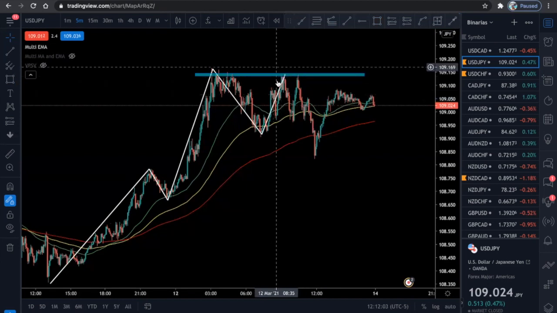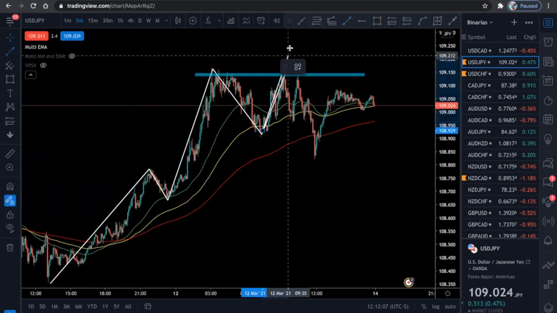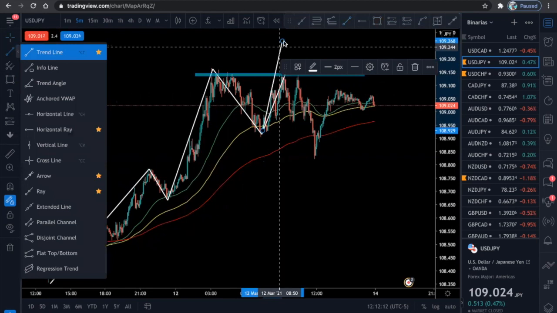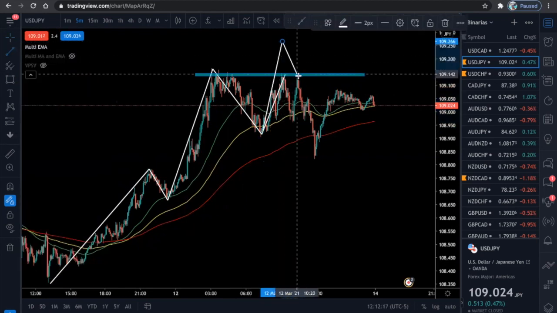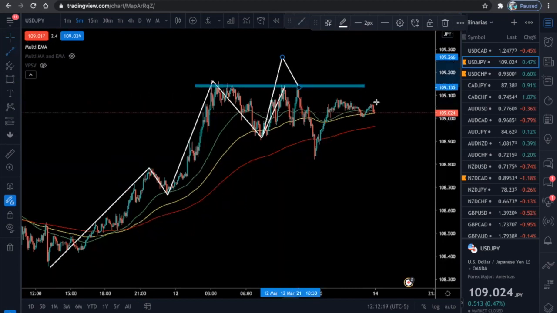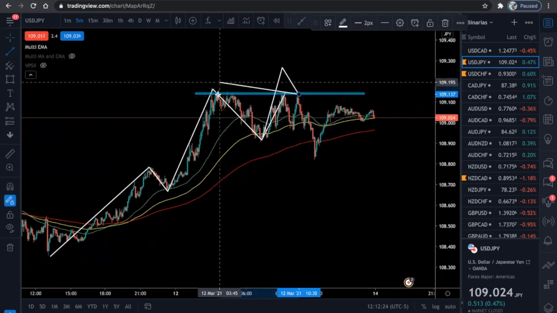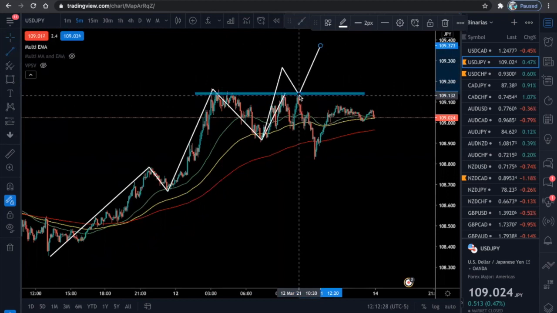The only way I will trade this is if price breaks the trend and then looks to reject this area, and what my previous resistance was now becomes a support, right? I only trade with the trend. Very, very important.